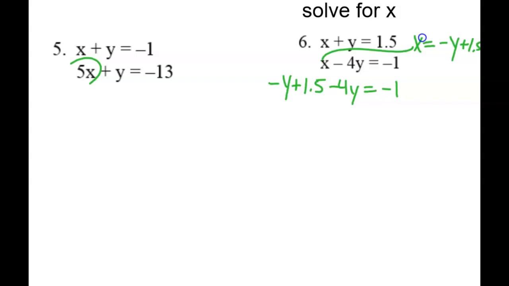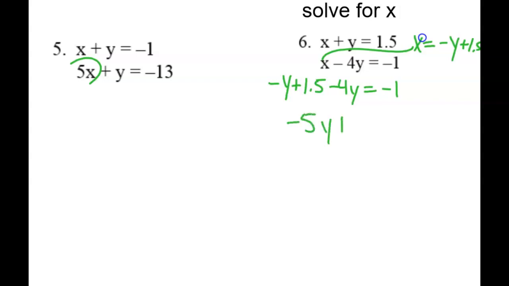When we have negative y and negative 4y, what are we doing with those? They are on the same side. What are we doing with those now? Negative y minus 4y. And what do I get? Negative 5y.